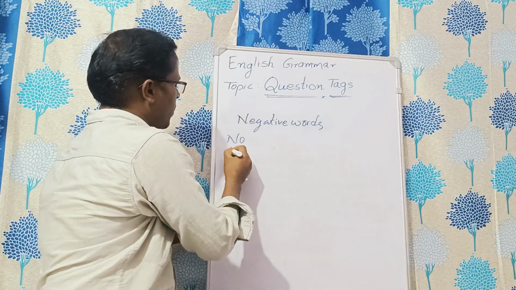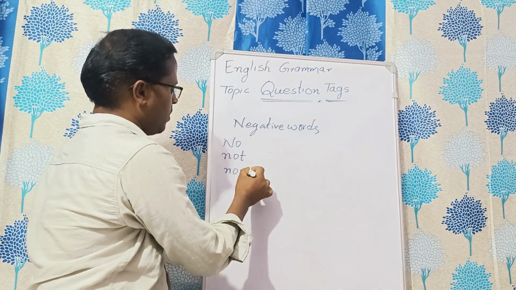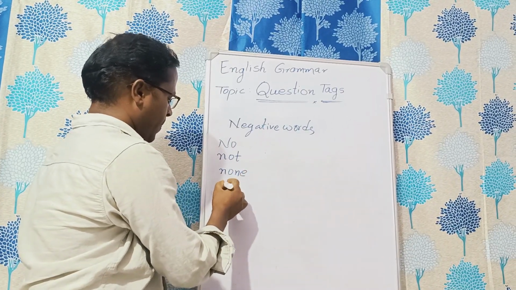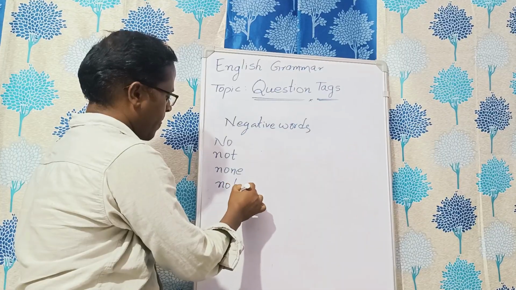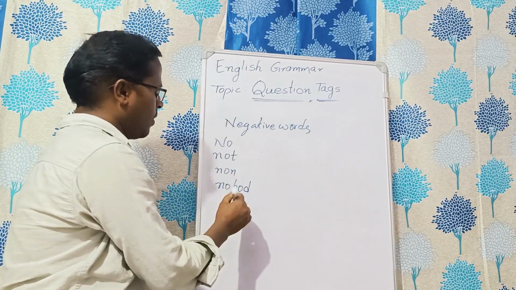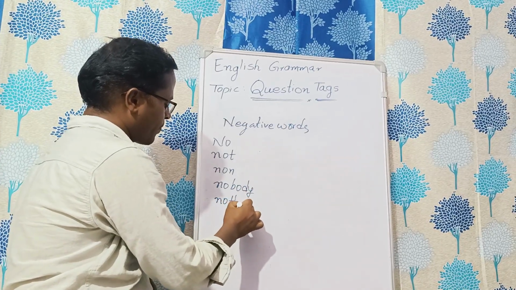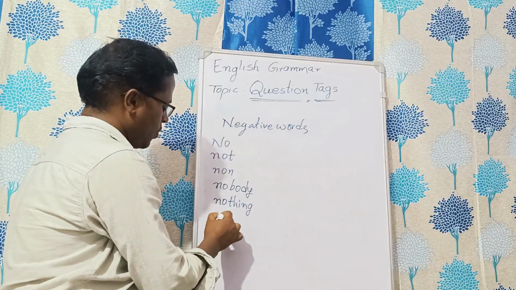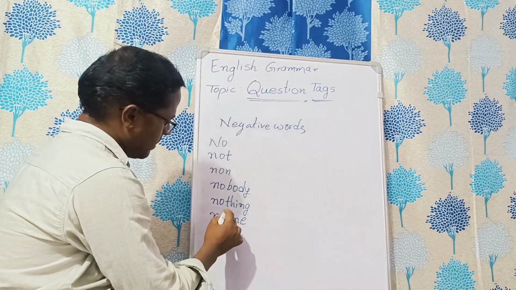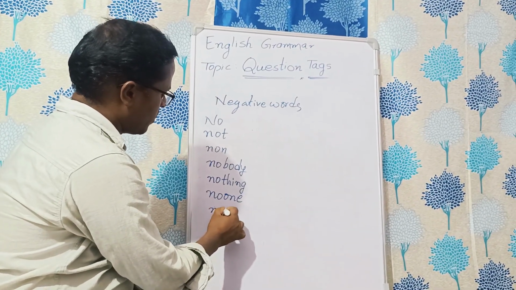Examples: no, not, none, nobody, nothing, no one, never.